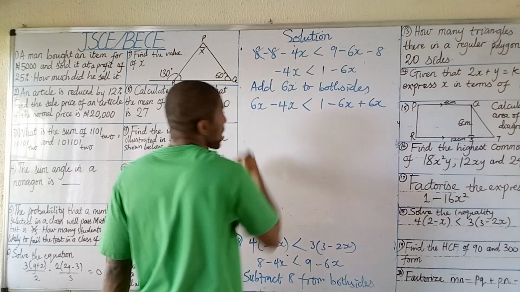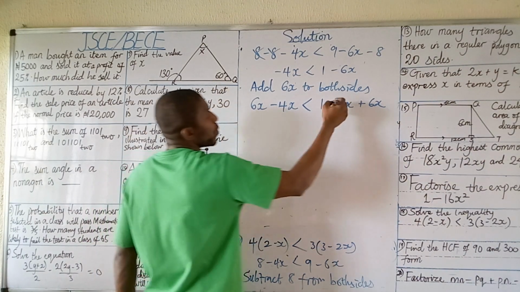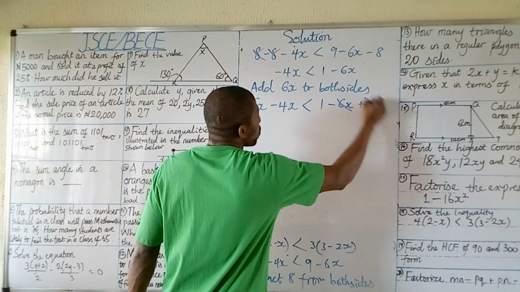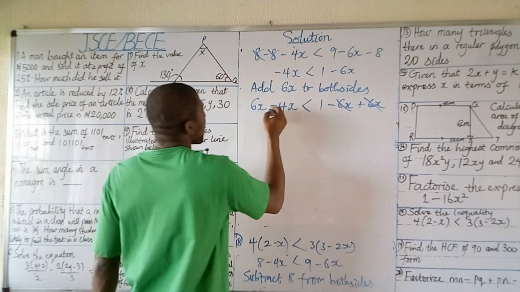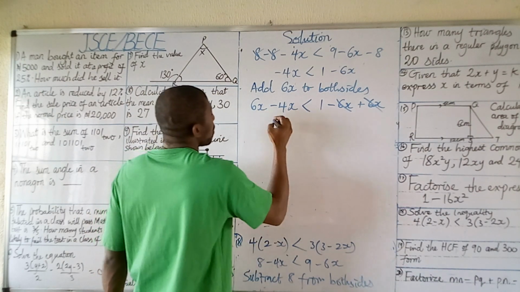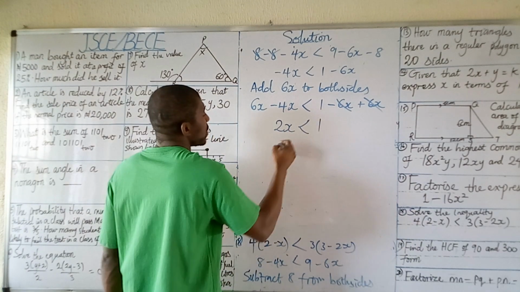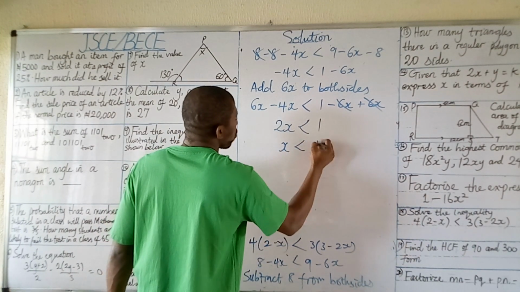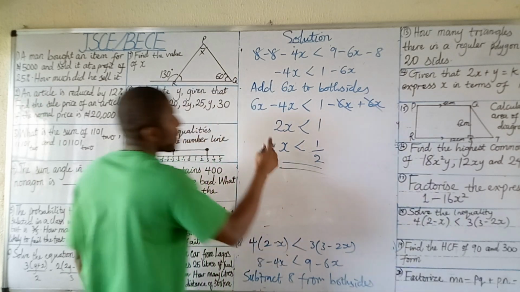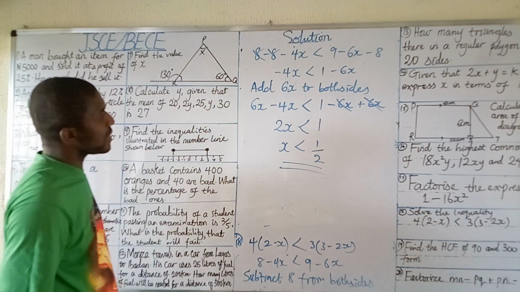That's why this one is having positive. So minus 6x plus 6x becomes 0. What I have here will be 6x minus 4x to give me 2x less than 1. Therefore, x is less than 1 over 2, if I divide both sides by 2. So my answer is x less than 1 over 2.